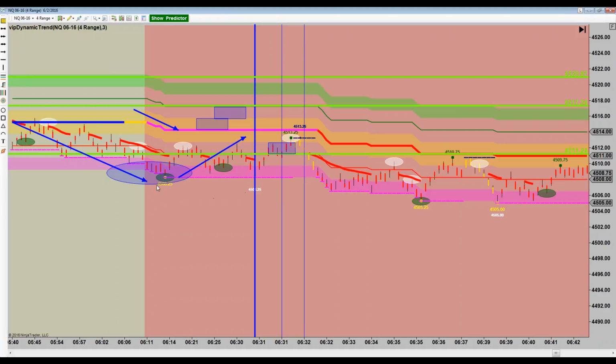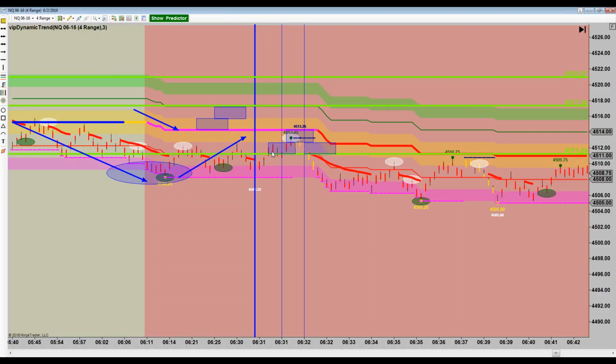Depending on exactly when 6:31 and 6:32 occurred, it could have either painted it up here, or it could have painted it in the same location as the 6:31 Band-Aid. Sometimes that happens. They'll paint exactly in the same spot. It probably painted here, I'm guessing, because there's a bar right there.